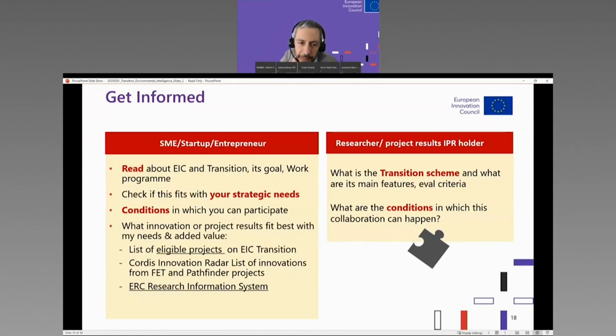So if there is something that fits your strategic needs in another project, you can look at the list of eligible projects on the EIC transition, and you can look through two tools, the Innovation Radar as well as the ERC Research Information System.